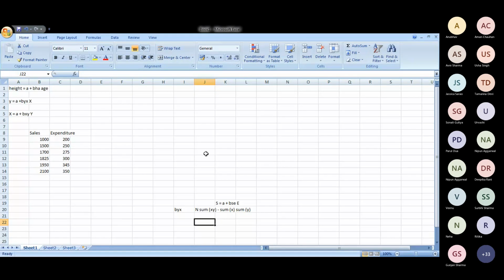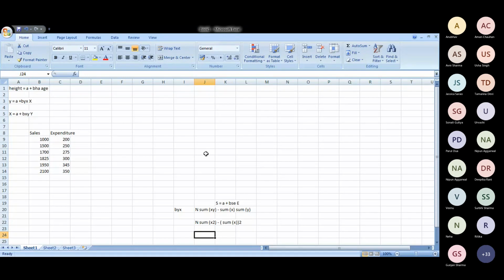But in the denominator, for byx, only the component of x is there, which is n into summation of x square minus summation of x whole square, and that too without the square root.